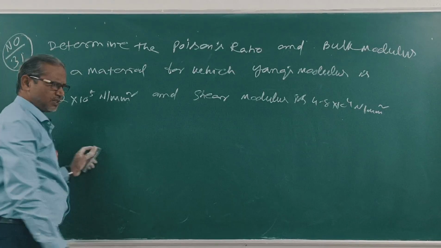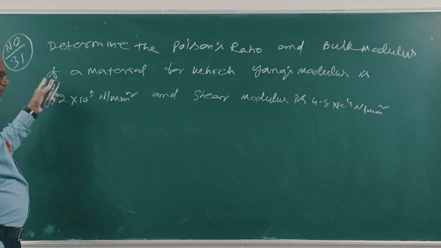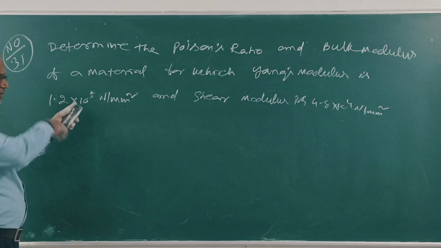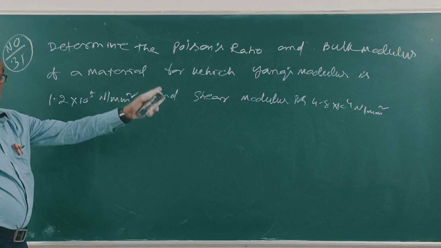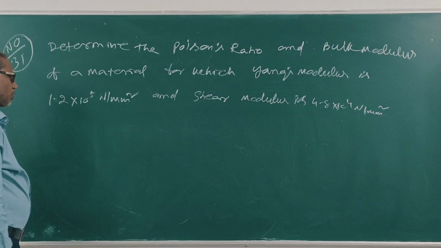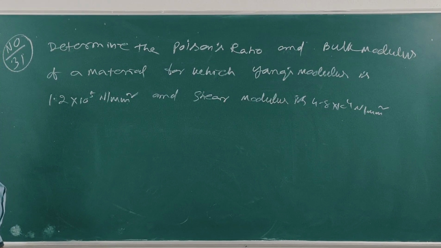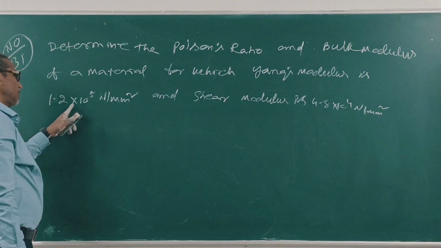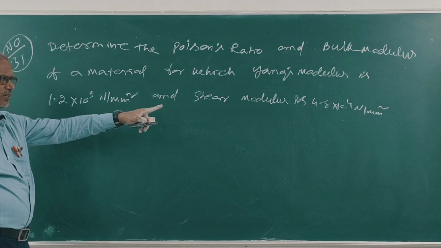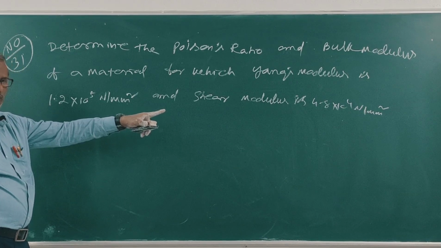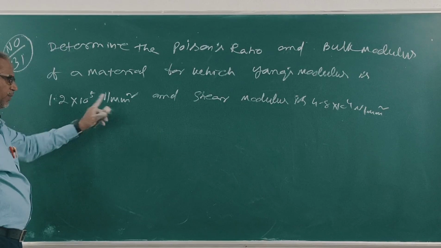Next, question 31. This is question number 31. A simple, short question. The question is: determine the Poisson's ratio and bulk modulus for a material for which the Young's modulus is 1.2 into 10 to the 5 Newton per mm square and the shear modulus is 4.8 into 10 to the 4 Newton per mm square. Both are mm square.